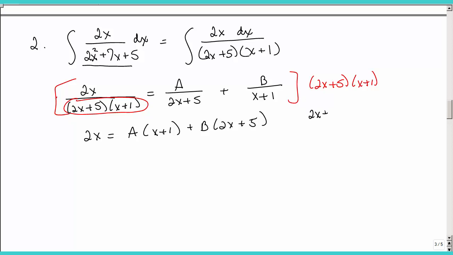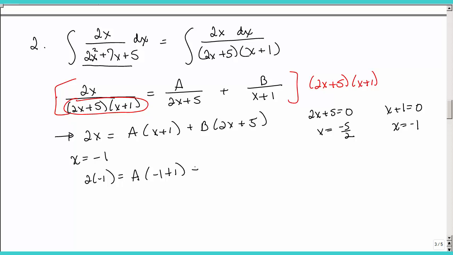Again, I let each denominator equal 0 and solve for x, and that is what I'm going to let x equal to. Again, that's just one method, a method I prefer. So if I let x equal -1, I would have 2 times -1, and of course, you're going to see that that is 0. So I have -2 equals 0, and that's b times 3.